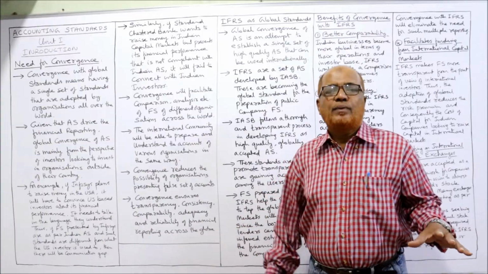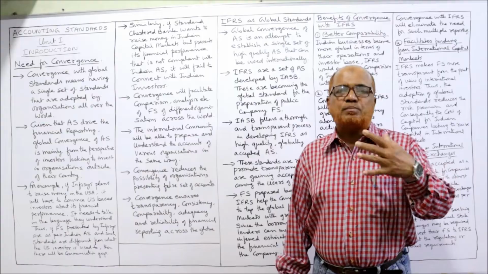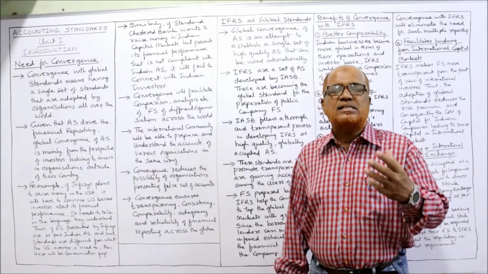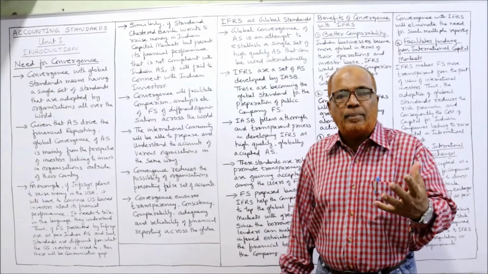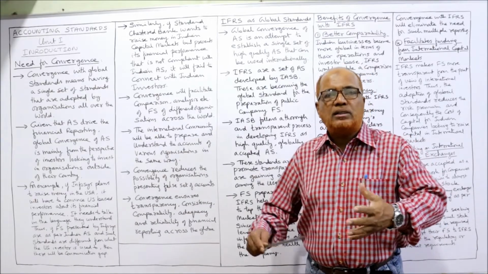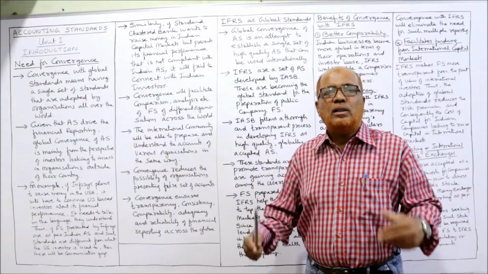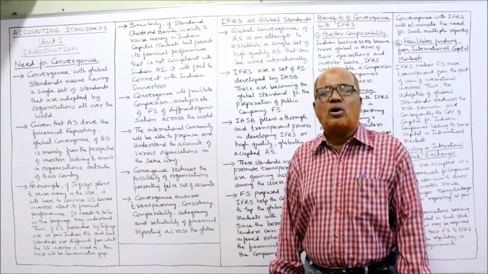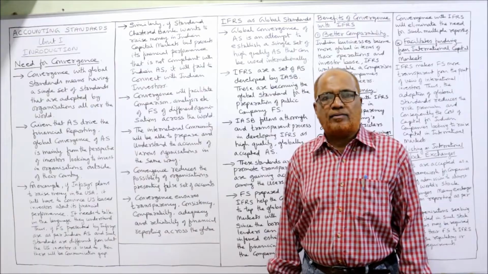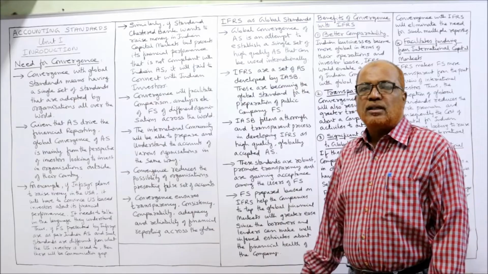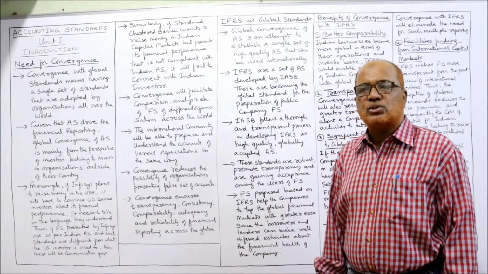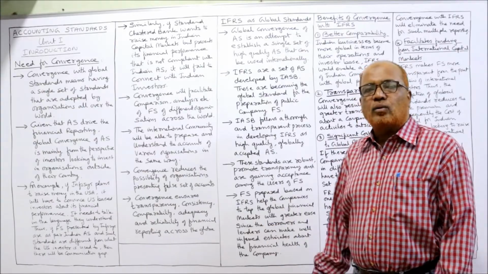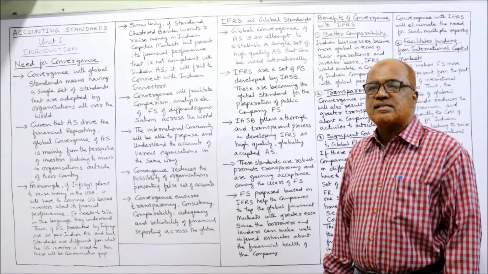Throughout the world, we will be able to have transparent accounts, consistency in accounting, comparability, reliability, and adequacy, all these things, if we follow a single set of accounting standards. So this shows the need for convergence of Indian accounting standards with global standards.